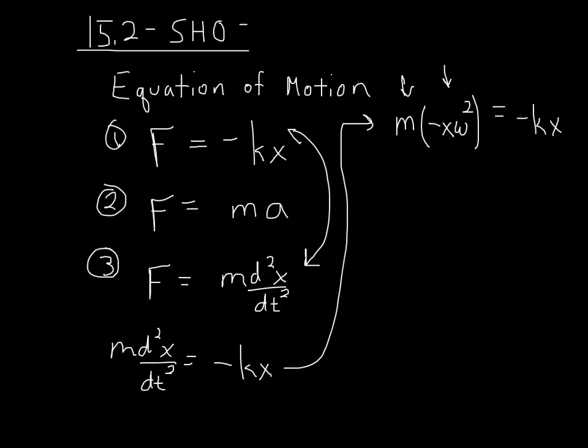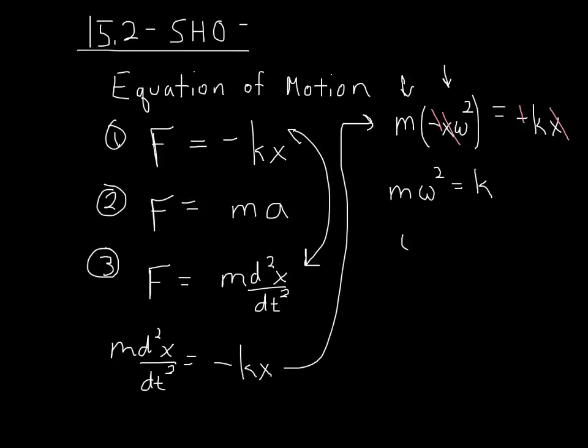I can cancel out my negatives, and my x's cancel each other out. And I'm going to find that mass times omega squared is equal to k.